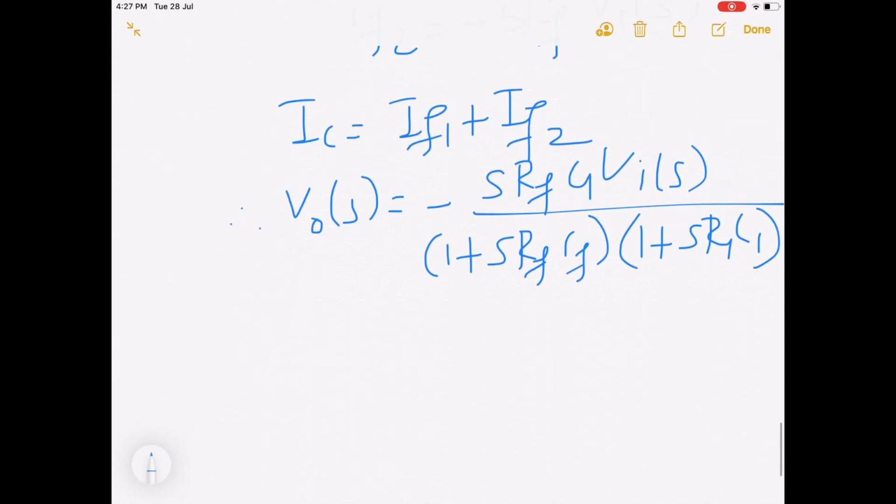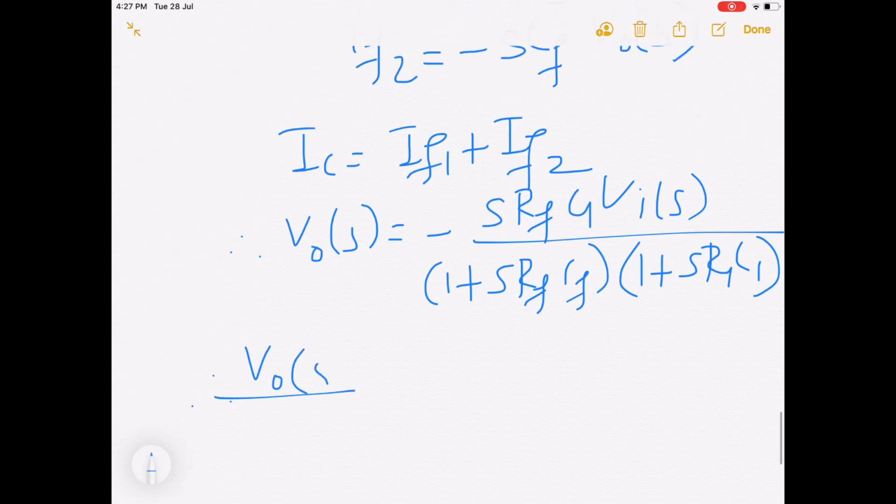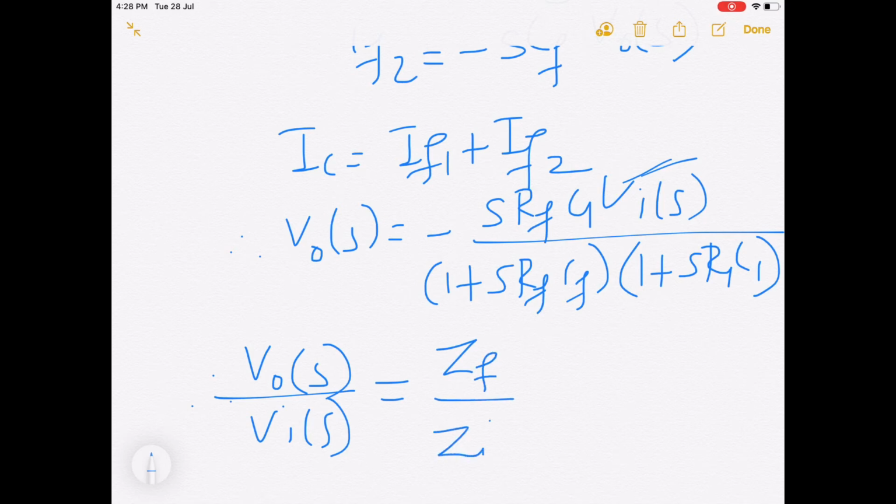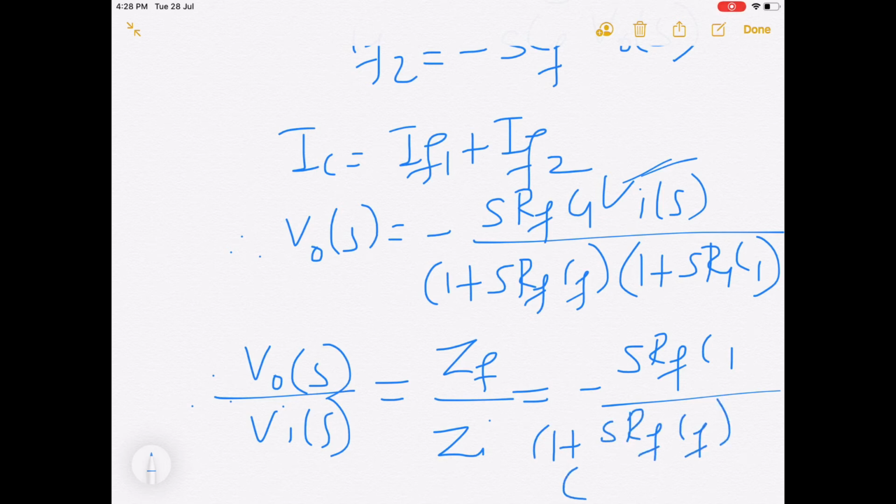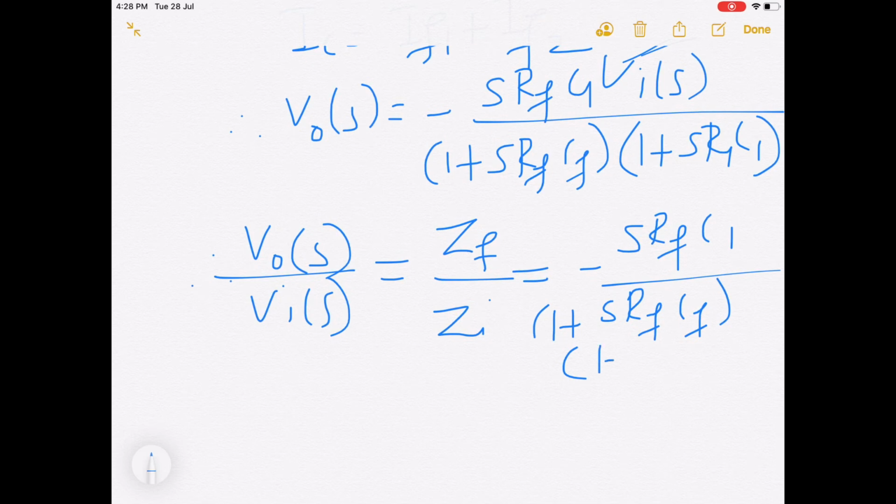Now the transfer function of the circuit we can calculate. VO(S) divided by VI(S) is nothing but ZF by Z1, which is minus S RF C1 divided by (1 plus S RF CF) into (1 plus S R1 C1).